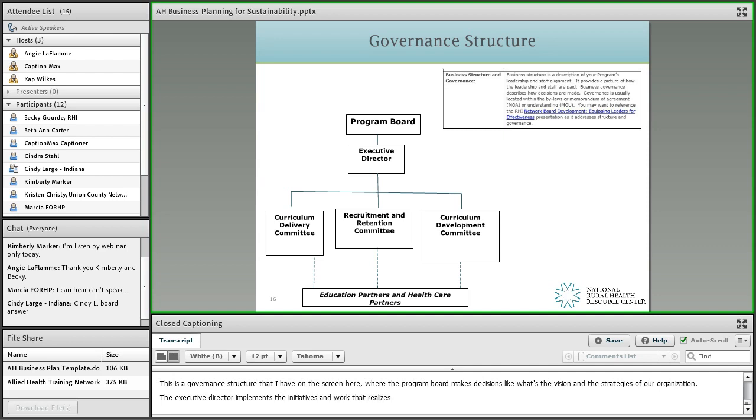And then the strategic objectives need to be a part of your business plan, because your readers want to understand what it is that's guiding your work. How are you operationalizing that vision? How are you making that vision come true? And the strategic planning cycle is really the way to do that. It's a cycle because it's dynamic.